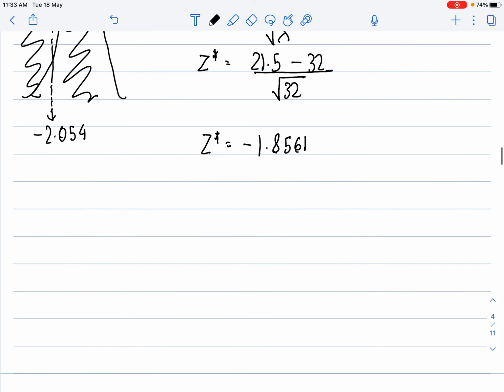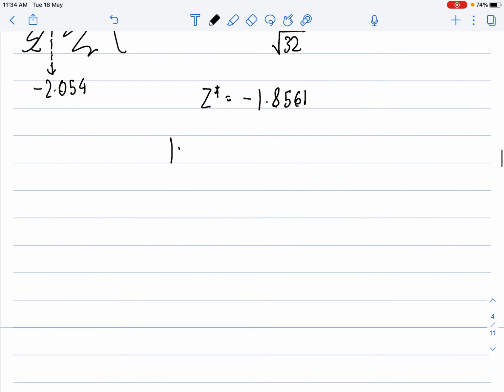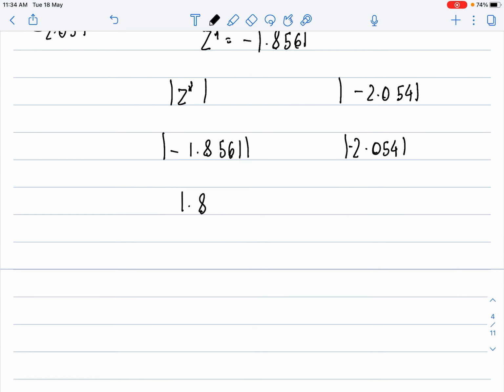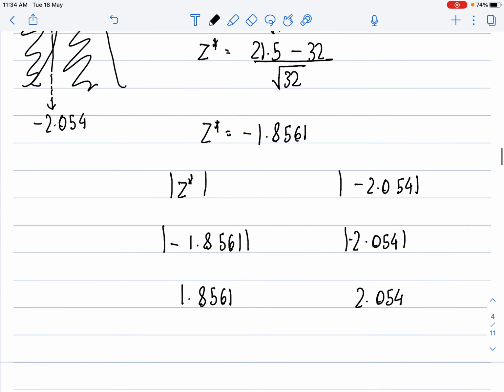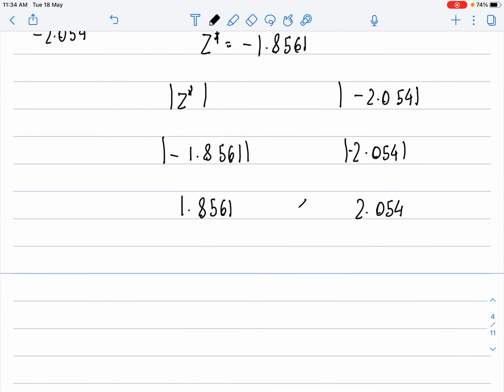Now I compare the mod of z star, 1.8561, to the mod of minus 2.054, which is 2.054.